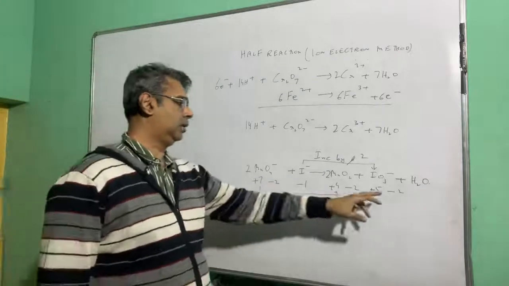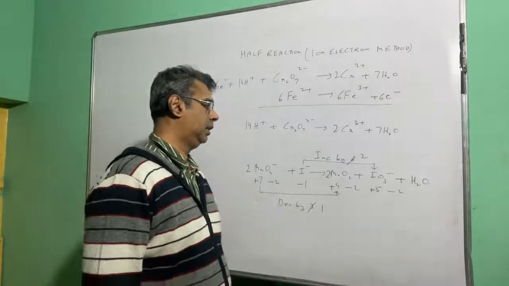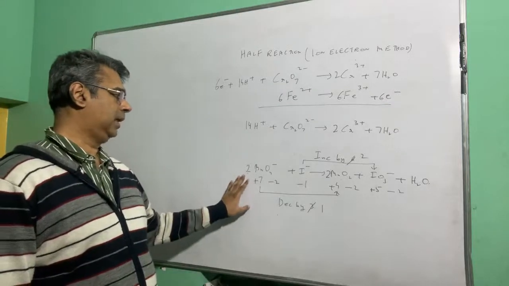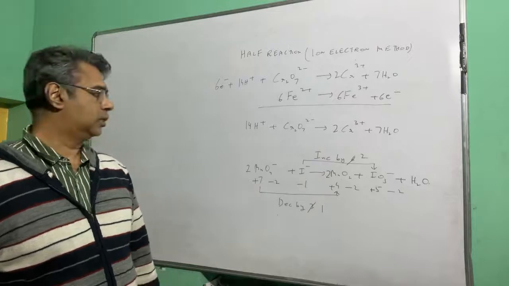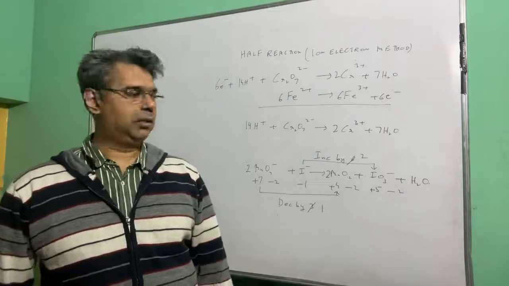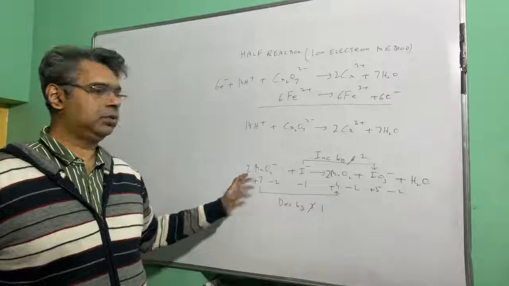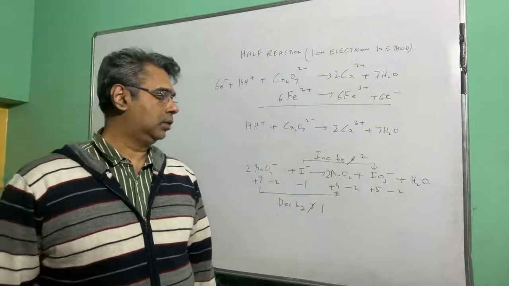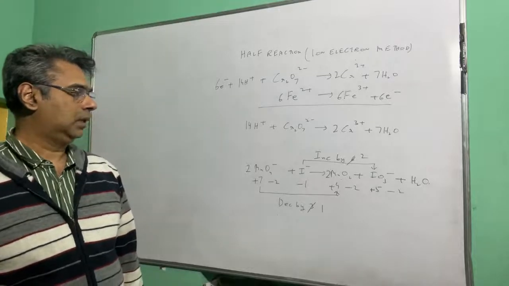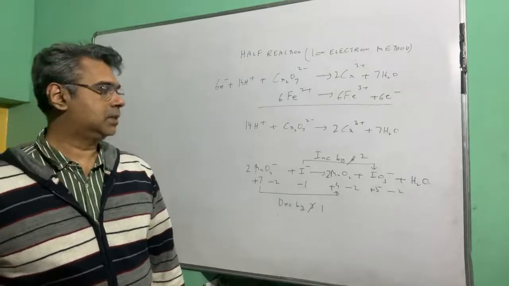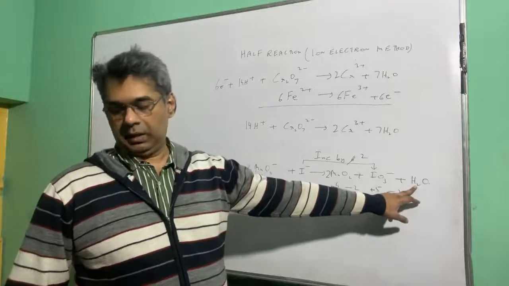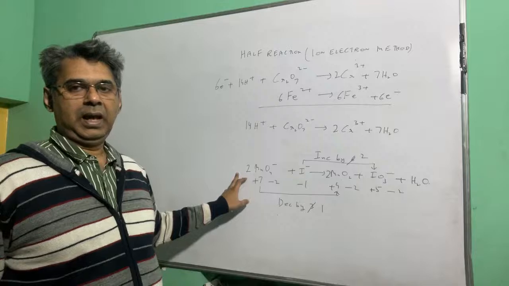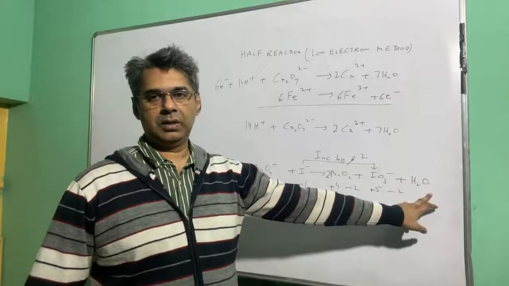Now here there are 2 hydrogens, and here there are no hydrogens at all. So everybody has got balanced except hydrogen. Now for balancing hydrogen, the rule is that whatever is the number of shortage hydrogen, you will have to add that many water molecules on the left side and the same number of OH minus on the right side.